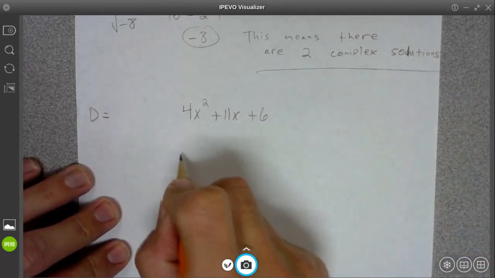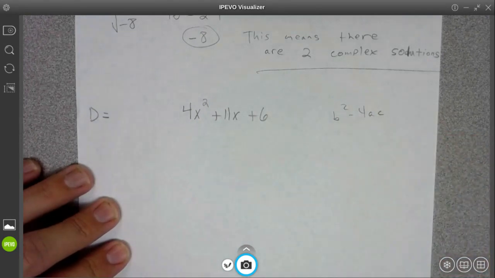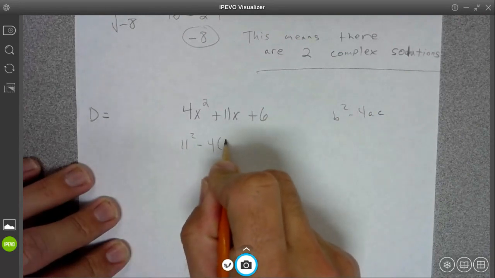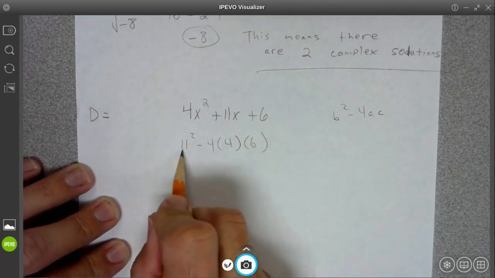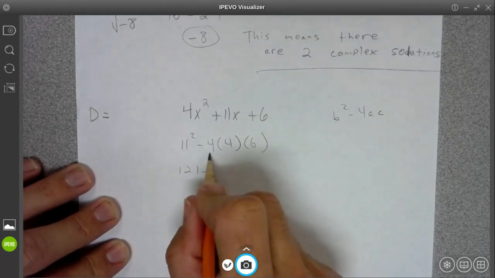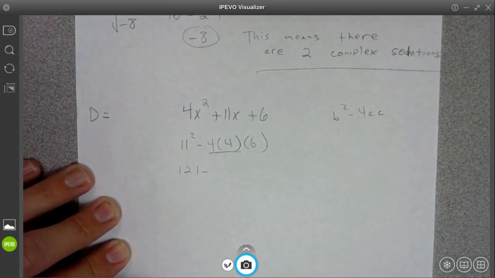B squared, so we're just going to do that part right there, and that's going to tell us about the solutions. So b squared minus 4ac. 11 squared is 121. Ooh, I don't know 16 times 6.